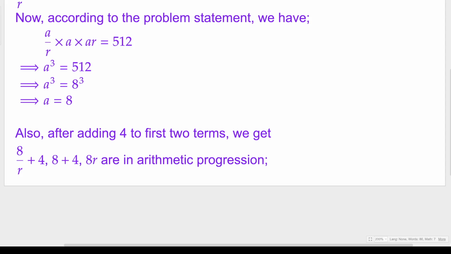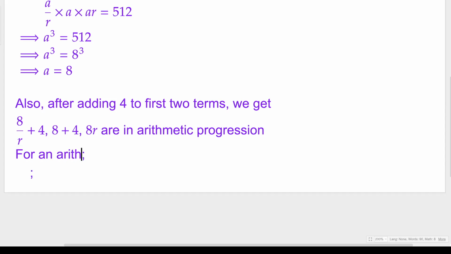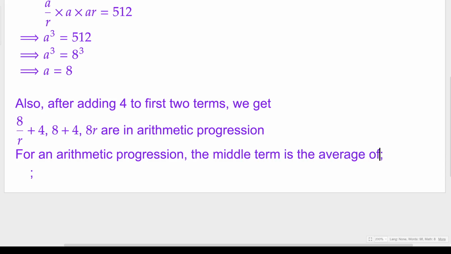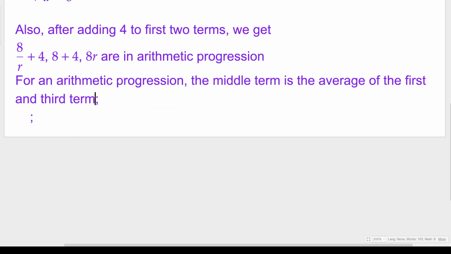For an arithmetic progression, the middle term is the average of the first and third terms, so we'll use this property.